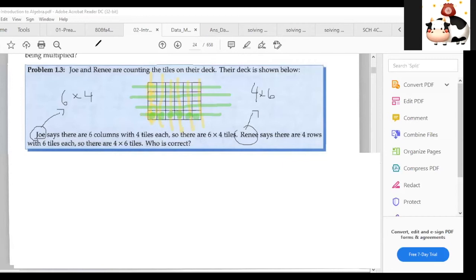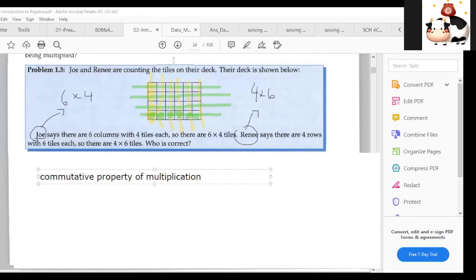Yes, that's amazing. Good work. So just like the order didn't matter when we were adding, it's also called the commutative property of multiplication.